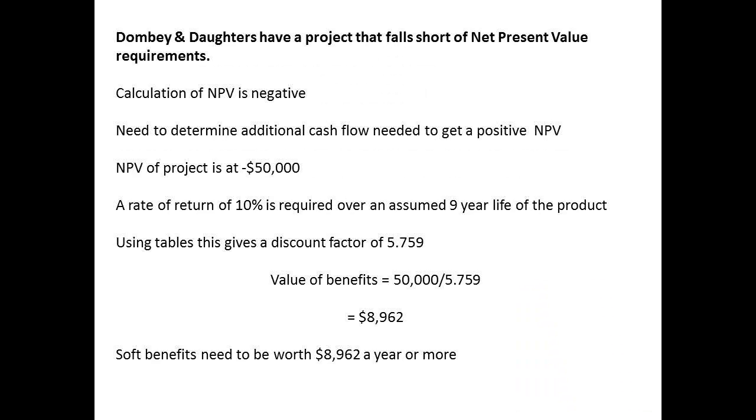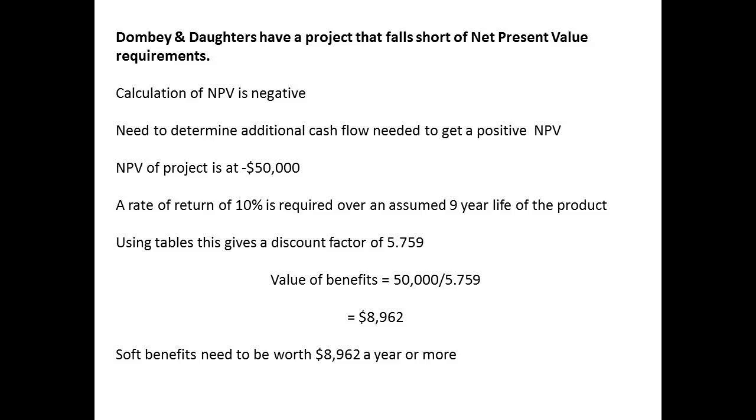For example, a business currently has a net present value calculation that is negative and wants to look at the figure that would be required for soft benefits. Soft benefits will need to provide additional cash flow to get a positive value for net present value. Currently, the net present value is minus $50,000. A rate of return of 10% is required over the 9-year life, which from discount tables gives a discount factor of 5.759.